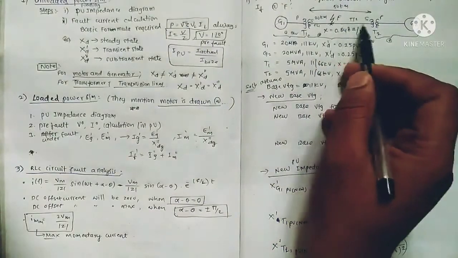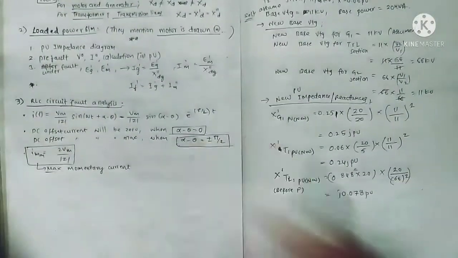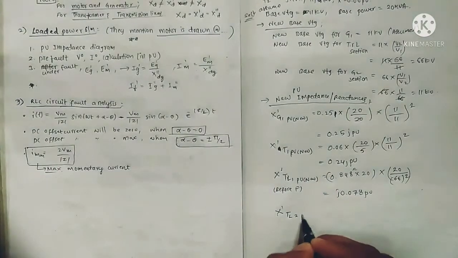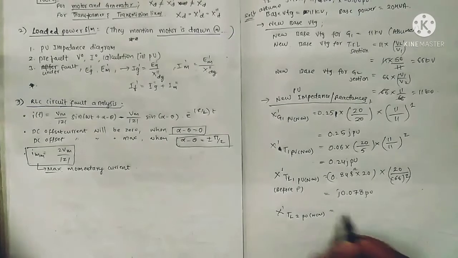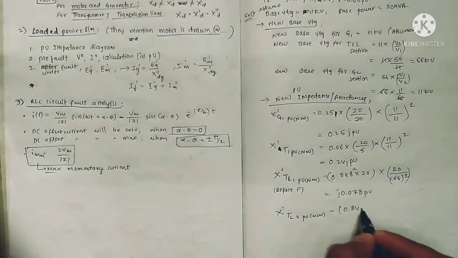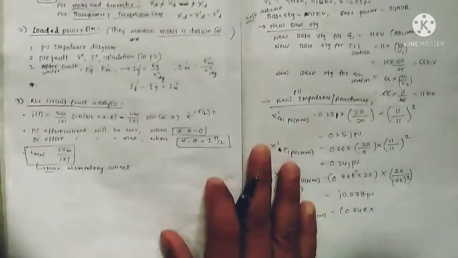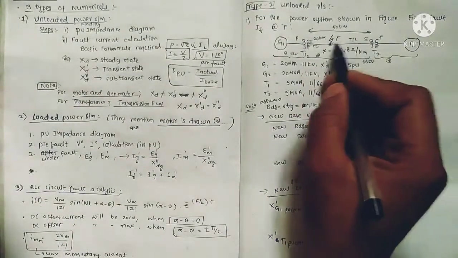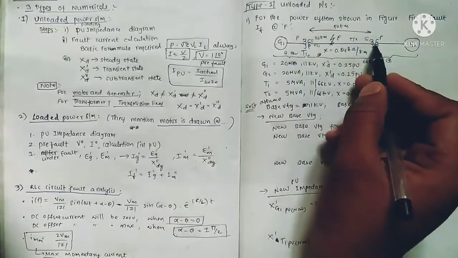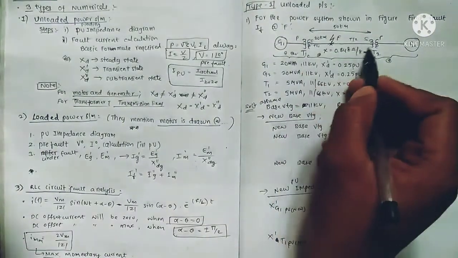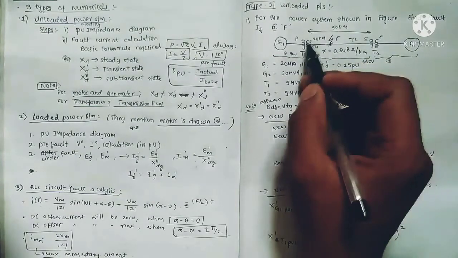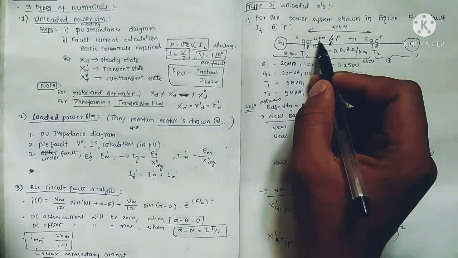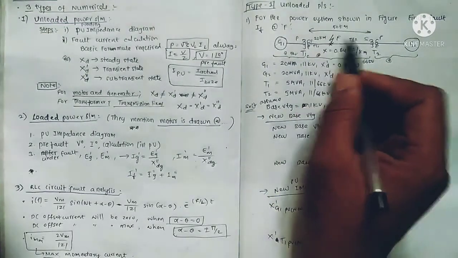Now we will calculate transmission line 2. X dash transmission line 2 PU new is equal to, this remains the same, 0.848. Now just look at this figure. They did not mention the transmission line 2 distance. Since the total transmission line distance is given as 50 kilometers, and up to this fault F they gave 20 kilometers, 50 minus 20 gives us 30 kilometers.